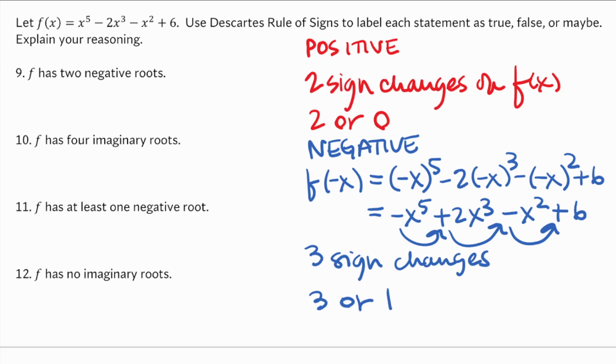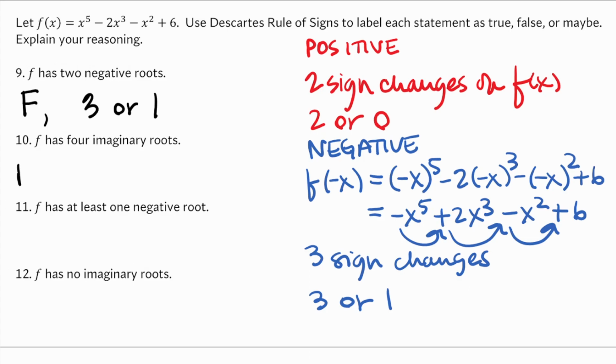Right, so f has 2 negative roots. No, that's definitely false. Our options are 3 or 1. Okay. f has 4 imaginary roots.